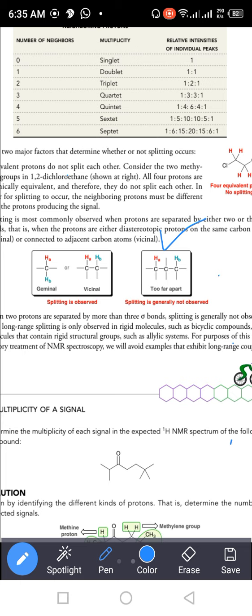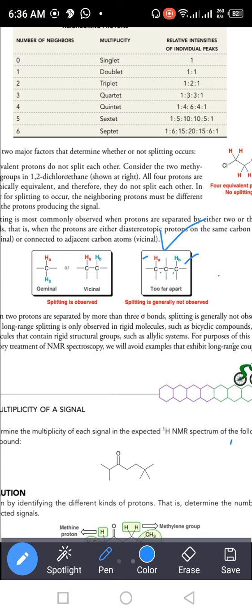There is 1 sigma bond here, 2 sigma bonds, the second sigma bond carbon to carbon, the third sigma bond carbon to carbon, and the 4th sigma bond carbon to hydrogen. So they are 4 sigma bonds away from each other. This is the largest distance between two protons.